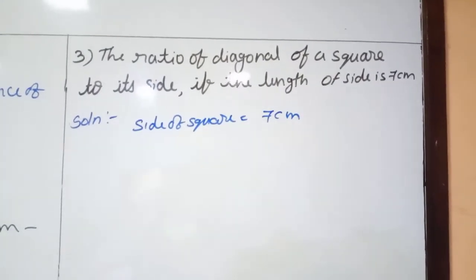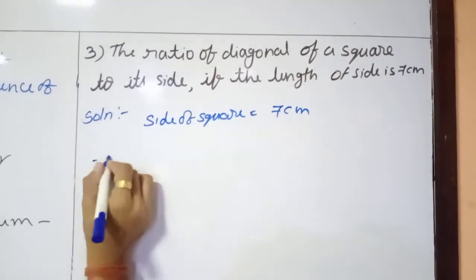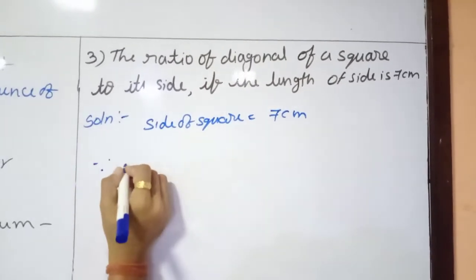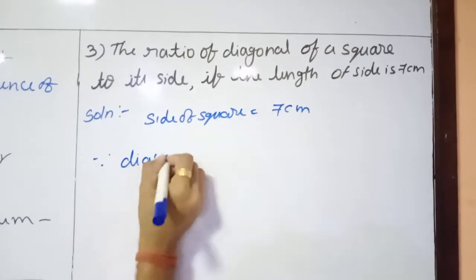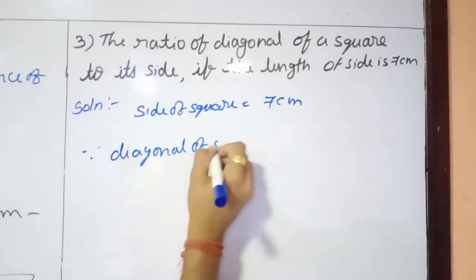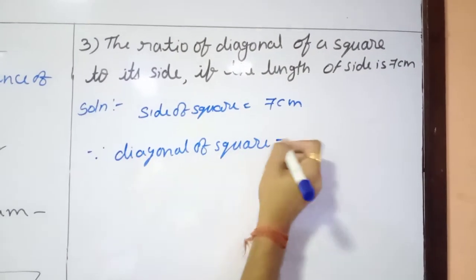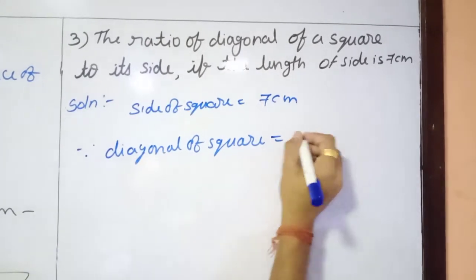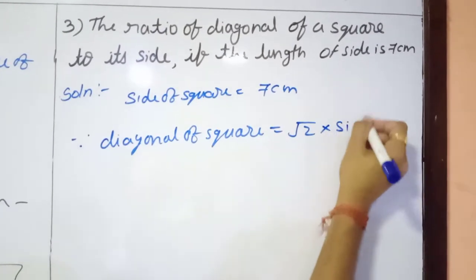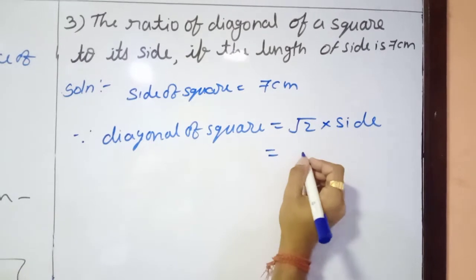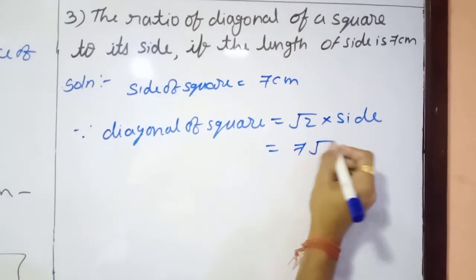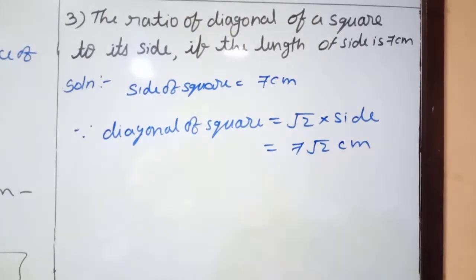As we know the formula of diagonal of square, what is the formula for that? Diagonal of square is equal to root 2 into side. Therefore it will become 7 root 2 centimeter.